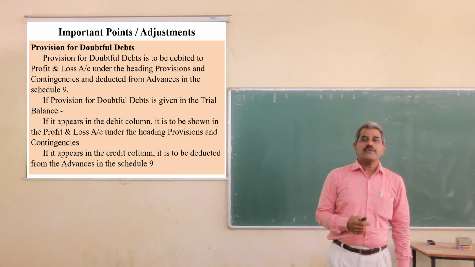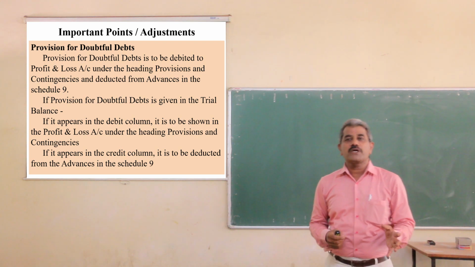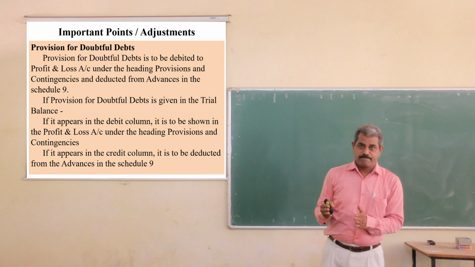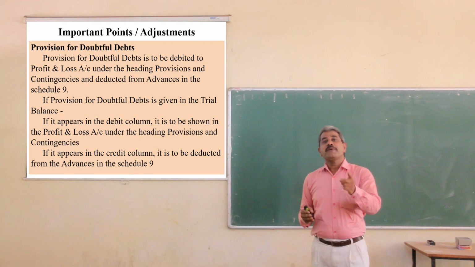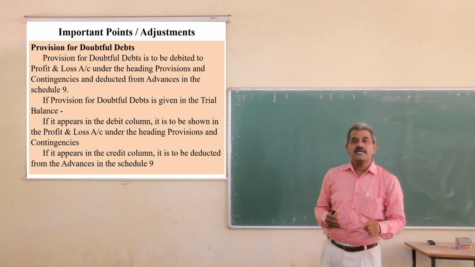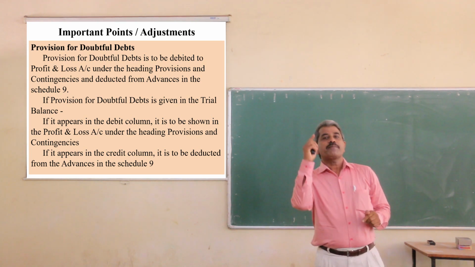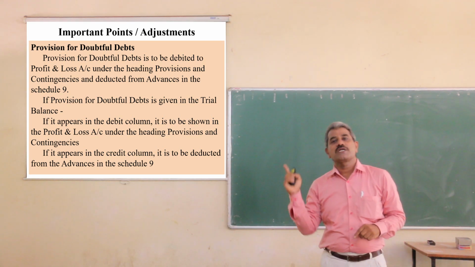Next, provision for doubtful debts. There may be some provision for doubtful debts. How is it to be treated? The provision for doubtful debts, if it is given in the adjustment, it is shown in the profit and loss account under the heading provisions and contingencies.